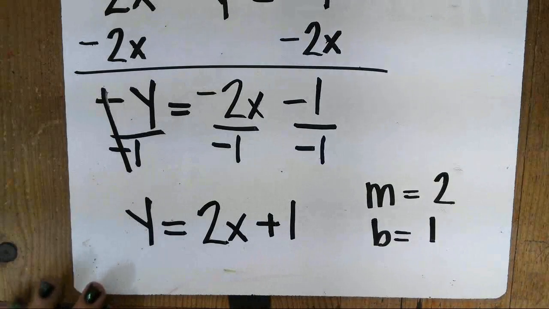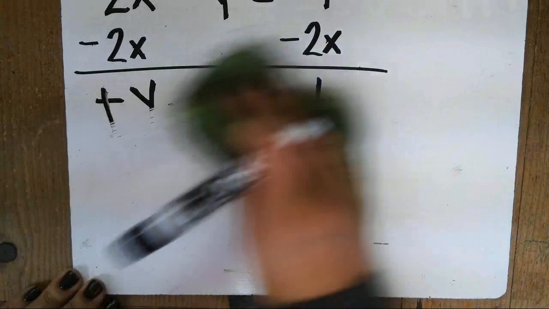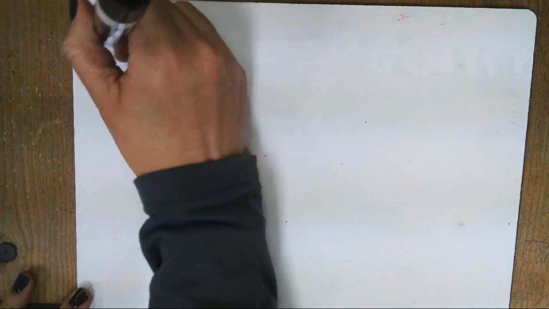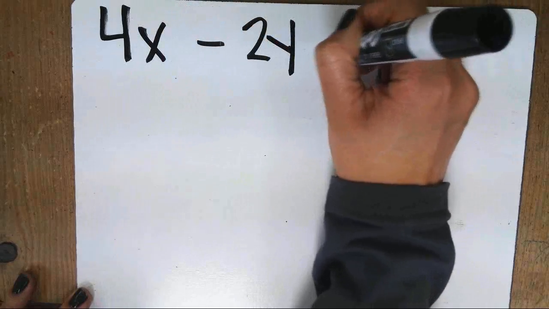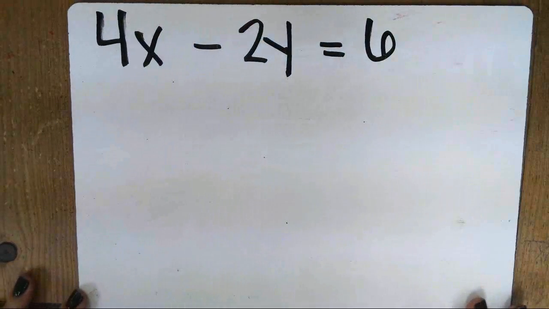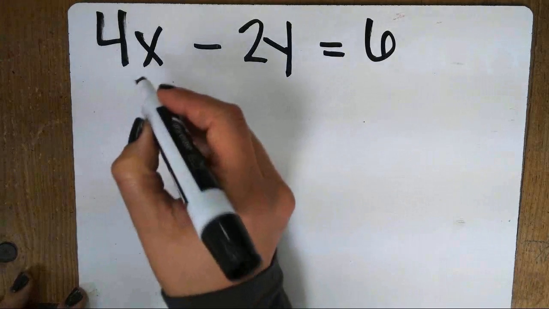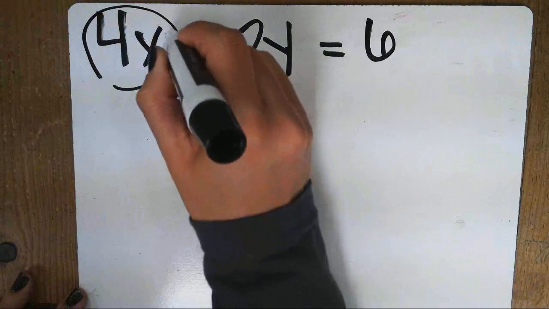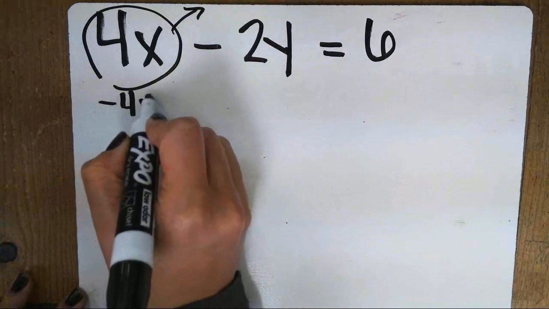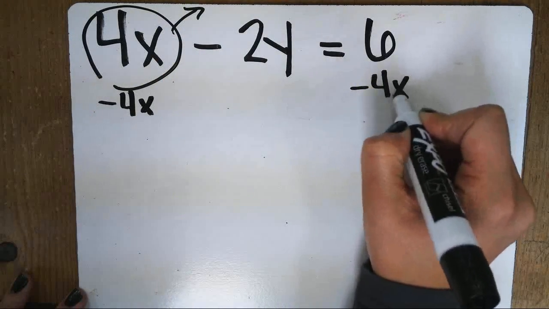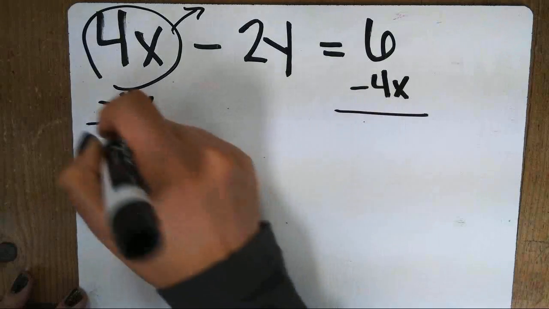Okay, let's do one more example. If I have 4x minus 2y equals 6, I'm going to move this guy over to the other side, okay, by subtracting the 4x on both sides. This cancels.